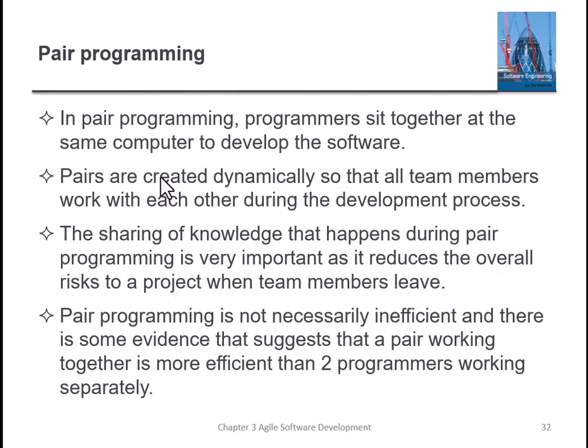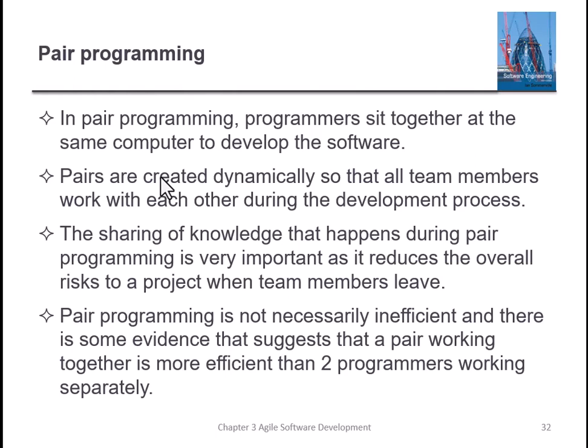In pair programming, programmers sit together at the same computer to develop the software. Pairs are created dynamically so that all the team members work with each other during the development process. The sharing of knowledge that happens during pair programming is very important as it reduces the overall risk to the project when team members leave. Pair programming is not necessarily inefficient, and there is some evidence that a pair working together is more efficient than two programmers working separately.